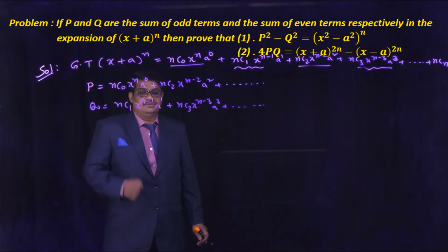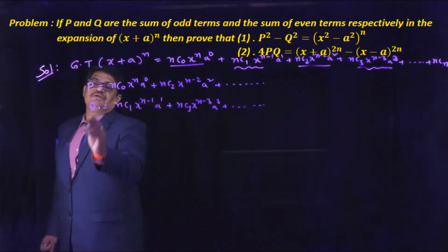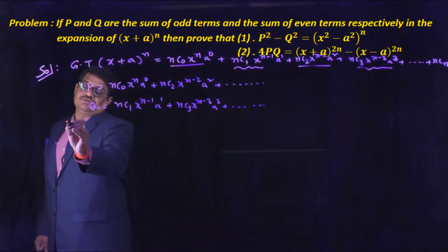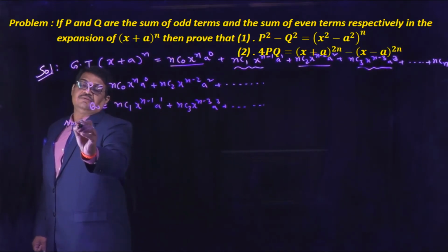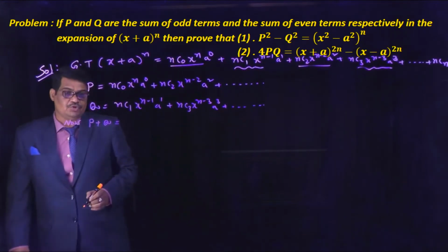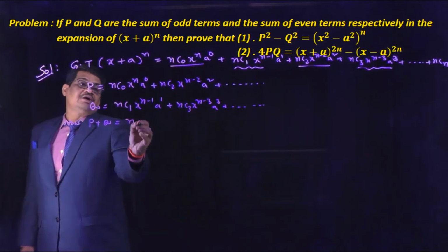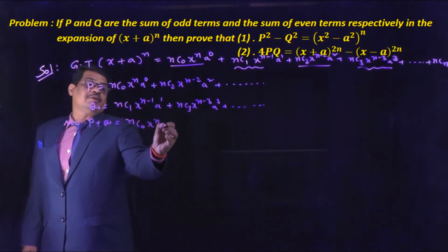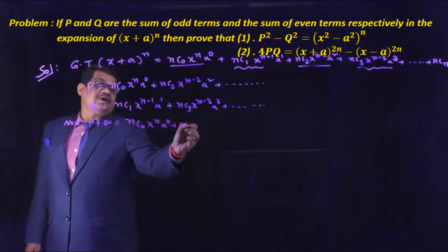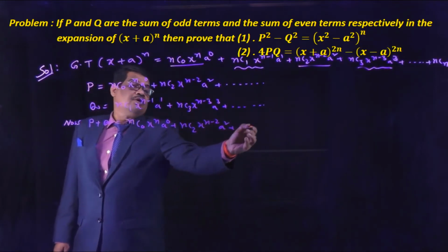Okay. Now we have to write the sum of these two, that is P plus Q. What is P here? P is nC0 x^n a^0 plus nC2 x^(n−2) a² and so on.